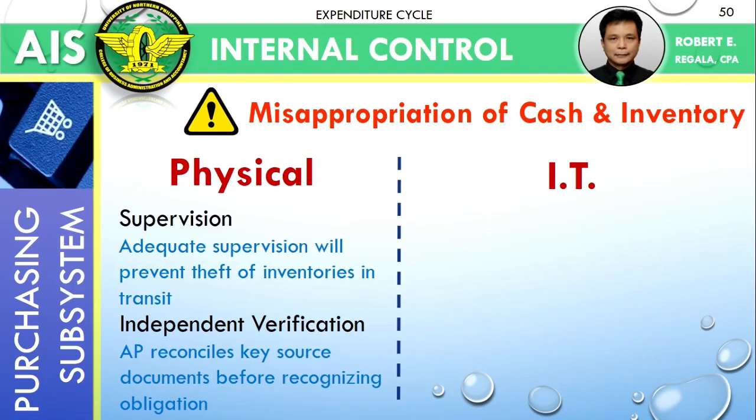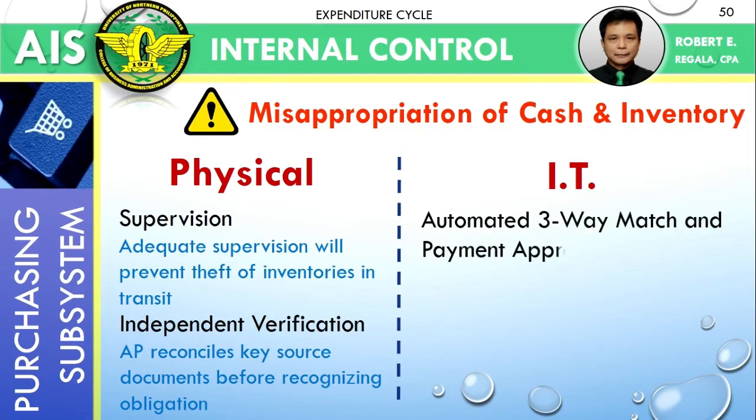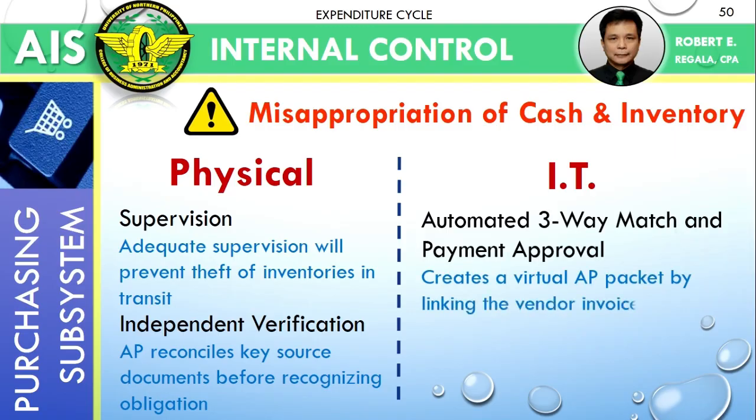It controls automated three-way match and payment approval. An automated three-way match replicates the manual counterpart as follows. When the AP clerk receives the supplier's invoice, the clerk accesses the system and adds a record to the vendor invoice file. This act prompts the system to create a virtual AP packet by linking the vendor invoice to the associated purchase order and receiving report records.